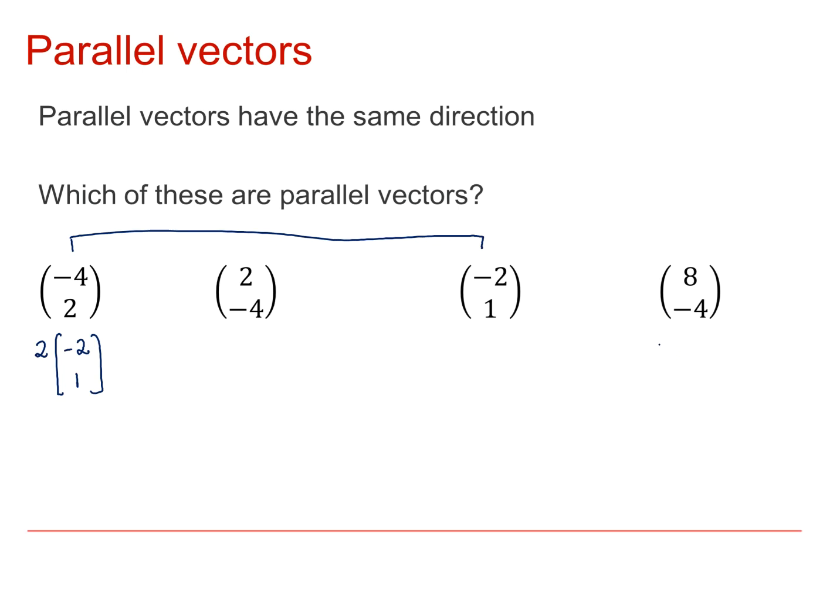And (8, -4) is minus 4 lots of (-2, 1). So that's parallel as well. And of course, if it's parallel to (-2, 1), it will also be parallel to (-4, 2). This one, however, you can't multiply by anything to get one of the other three. So that one is not parallel to the others.